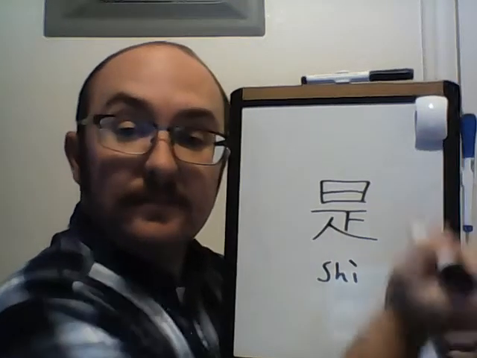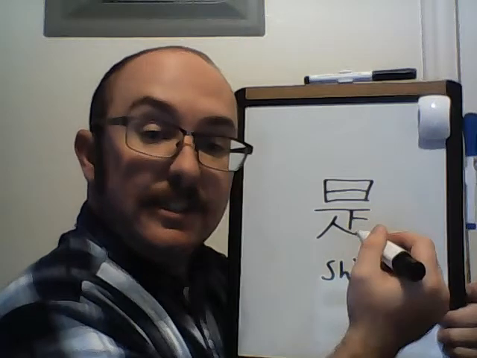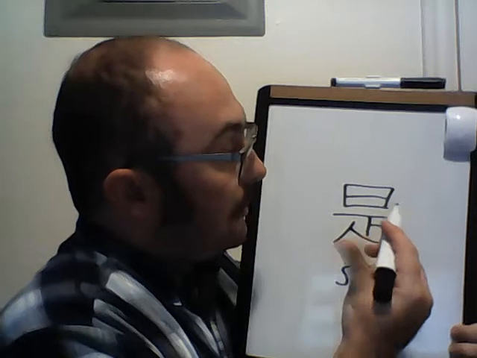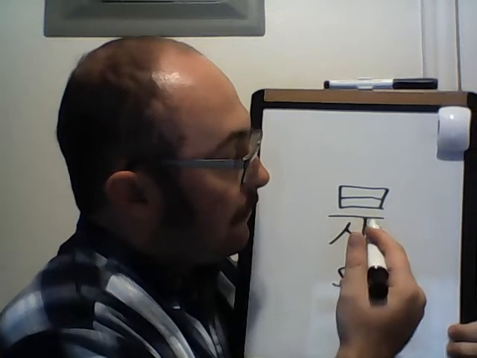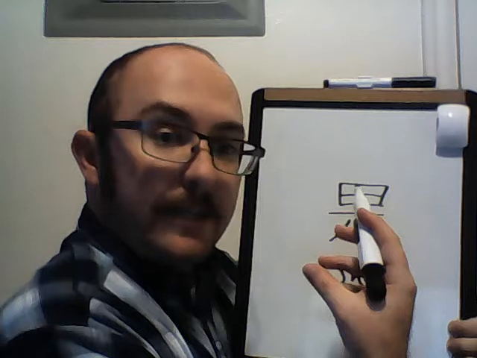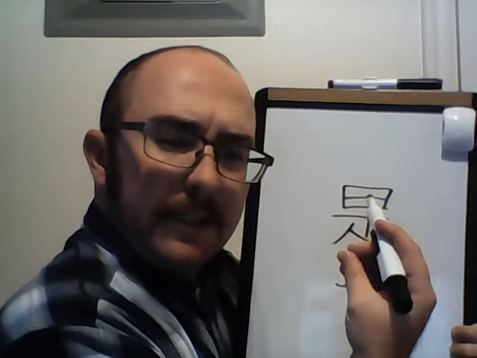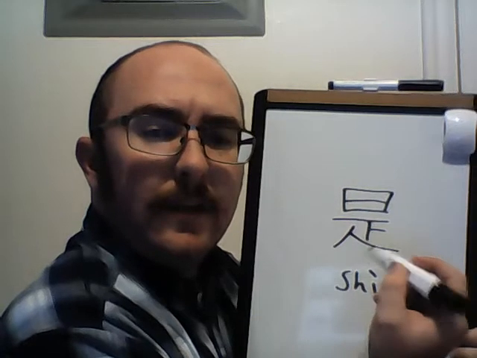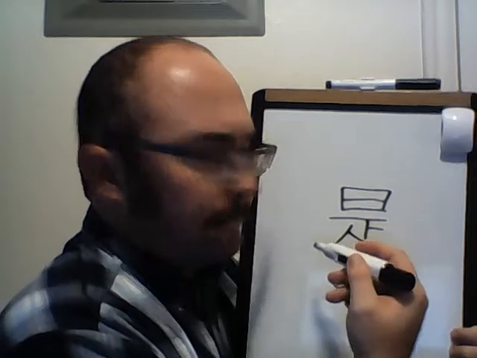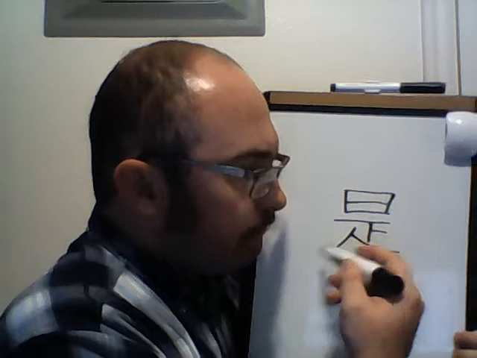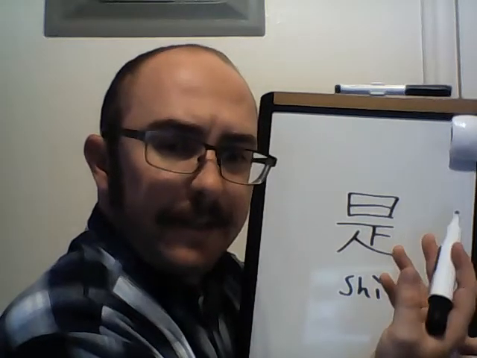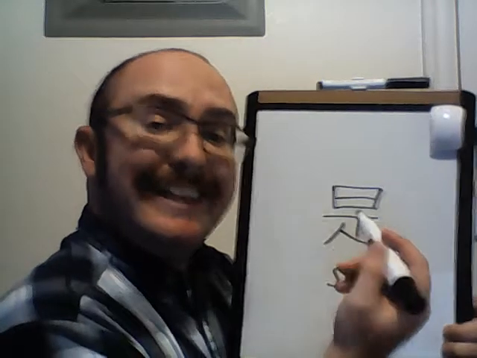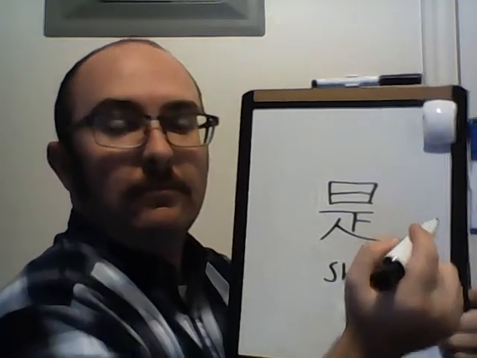This 是 is more of like an equal sign kind of thing. 他是高 would mean he is tallness.